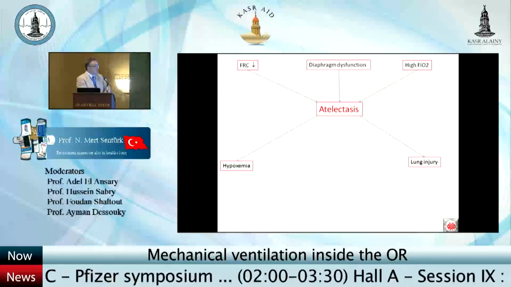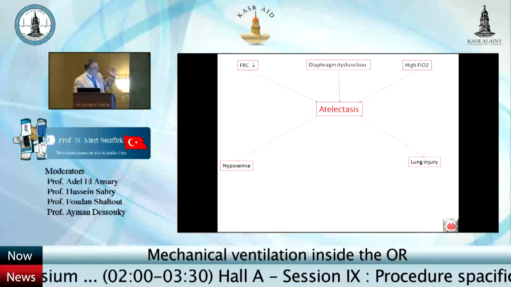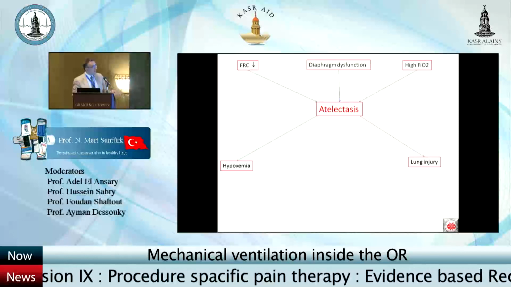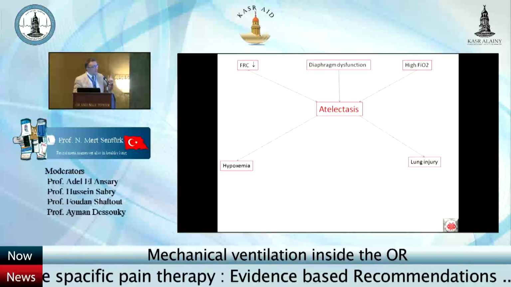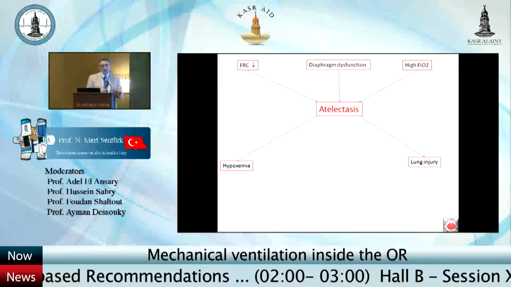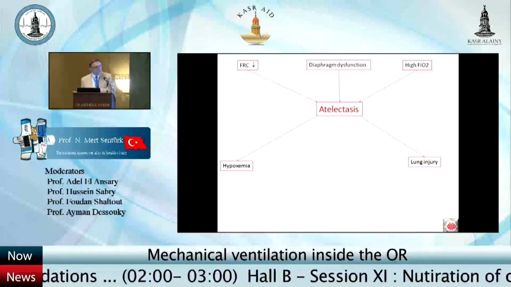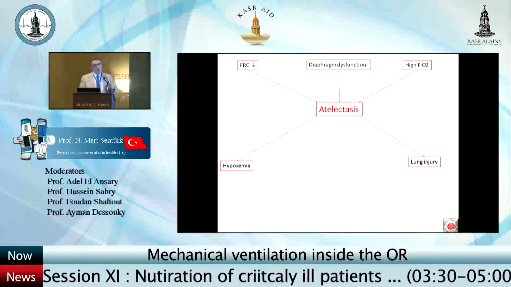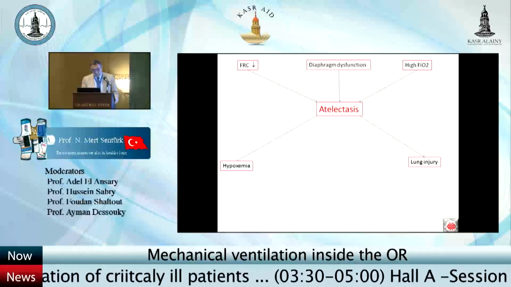So atelectasis can come from a decrease in the FRC, the dysfunction of the diaphragm, and the high FiO2. And atelectasis can lead both to damage in the lung and to damage of lung function. That means atelectasis can lead to hypoxemia and also to lung injury.